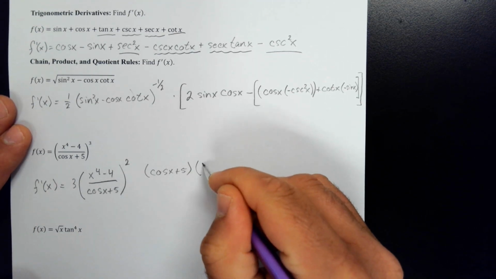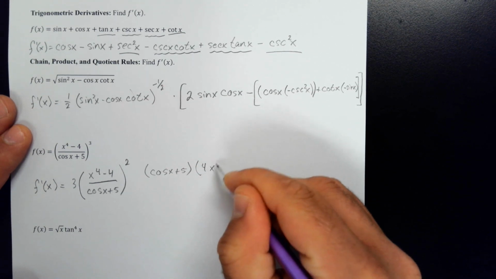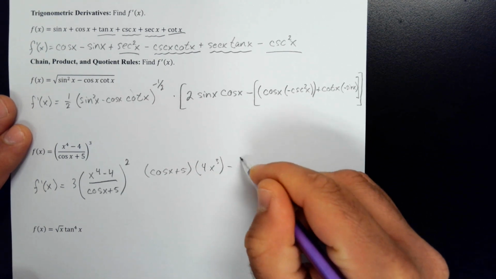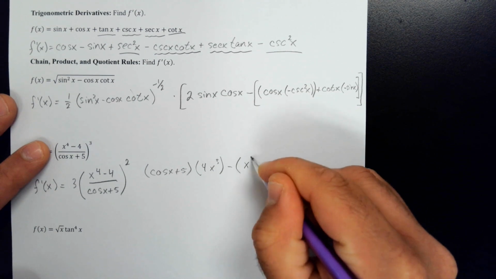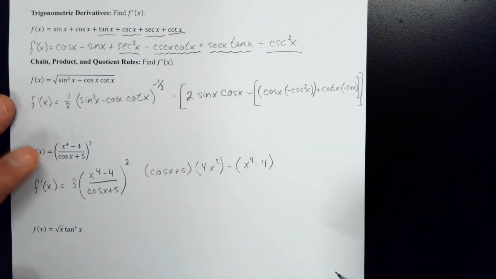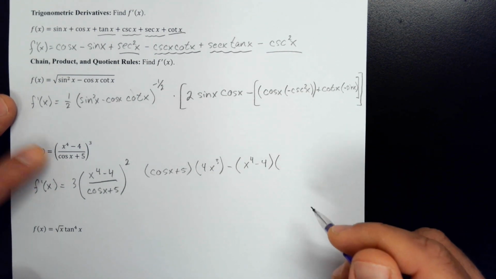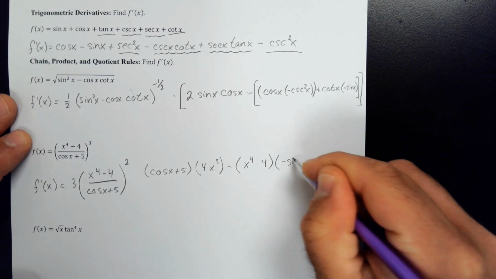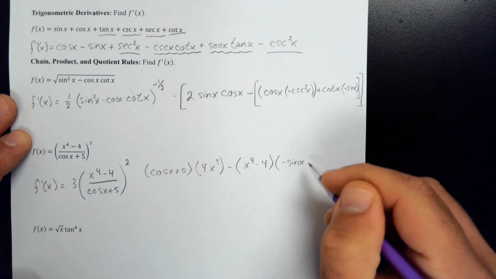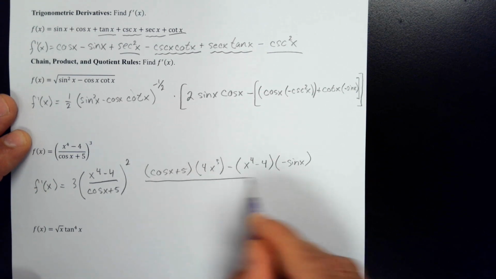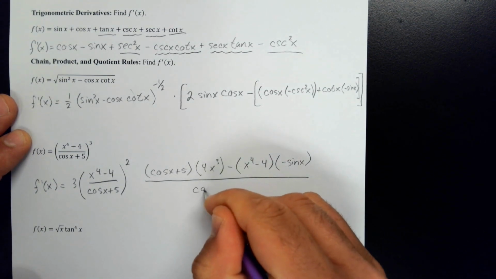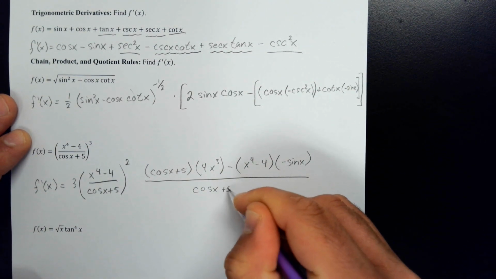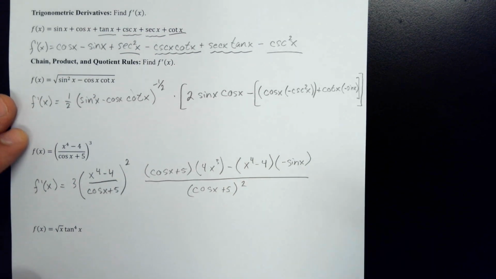The top would be, its derivative would be 4x cubed, minus the top left alone, x to the 4th minus 4, times the derivative of the bottom. The derivative of cosine x is negative sine x, and the derivative of 5 is 0, all over the bottom squared. So I've got this cosine x plus 5 quantity squared.